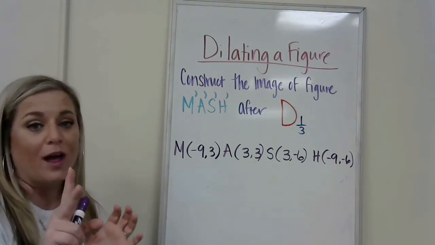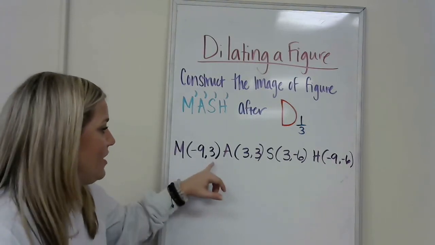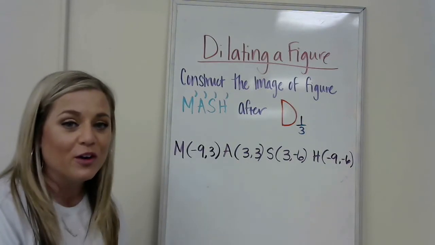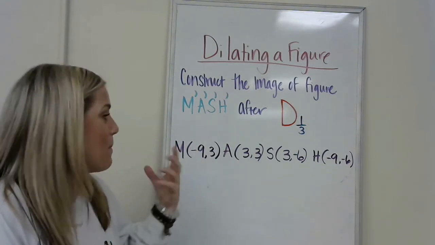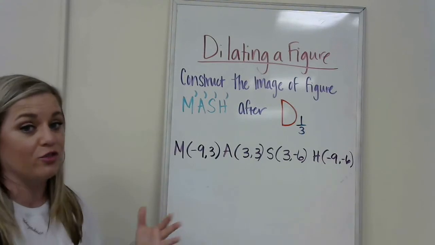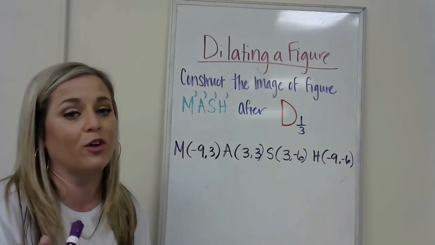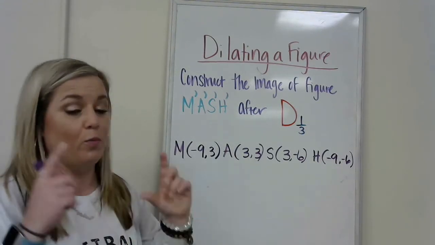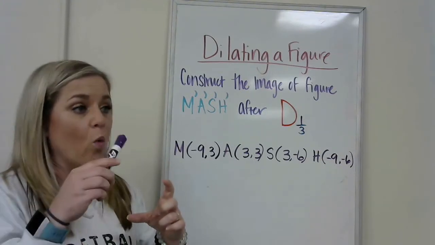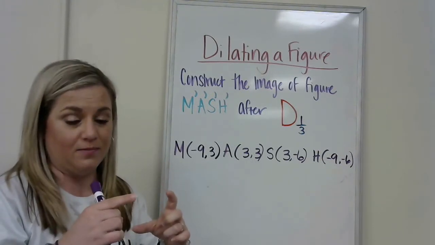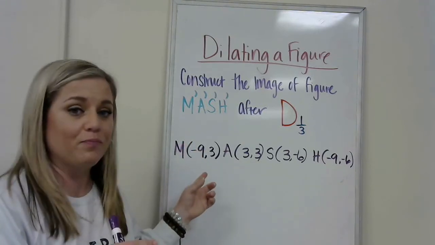Now, there are 2 ways you can do this. You can multiply each of these numbers by 1/3, and you can use your calculator. You can do parentheses, 1 divided by 3, close parentheses, and multiply it by -9.